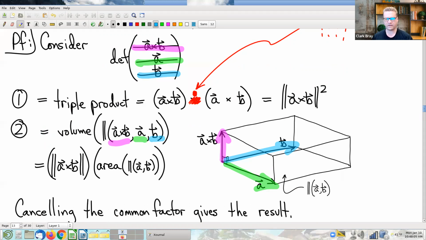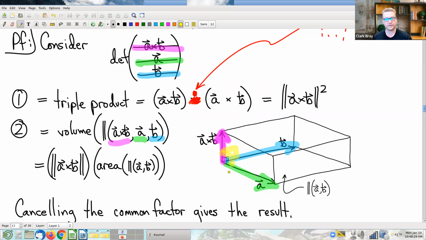Okay, so it's that volume. Fine. What's this volume? How would I compute this volume? Good news. We already know that this vector here is orthogonal. We already know that these are right angles.